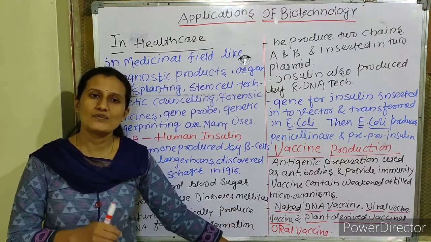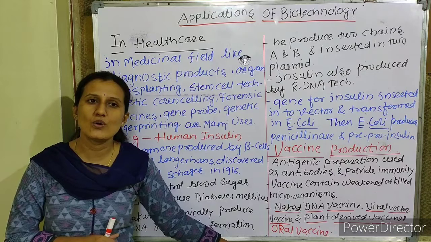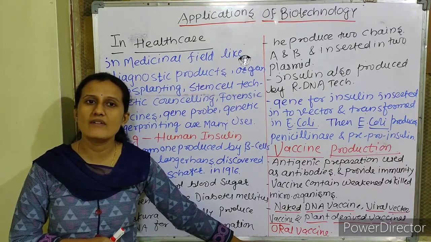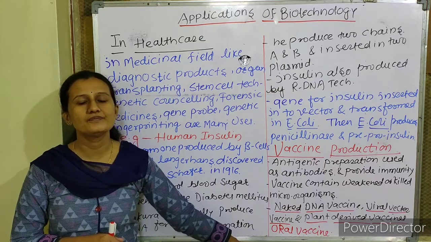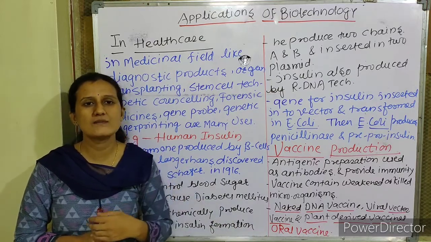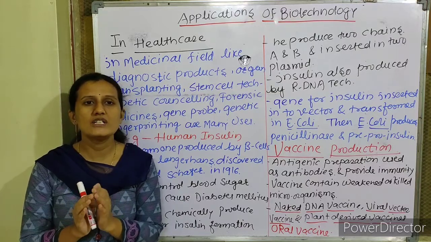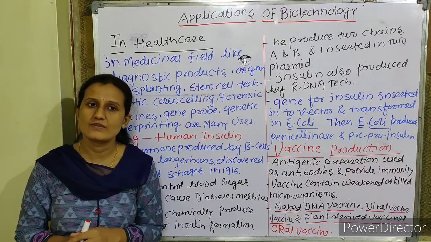But nowadays one of the vaccines is very popular, that is the oral vaccine or edible vaccine. What is that? Some of the microorganisms have the gene for synthesis of the opposing chemical substance to certain diseases. Some lower organisms have antibody preparations against some diseases.